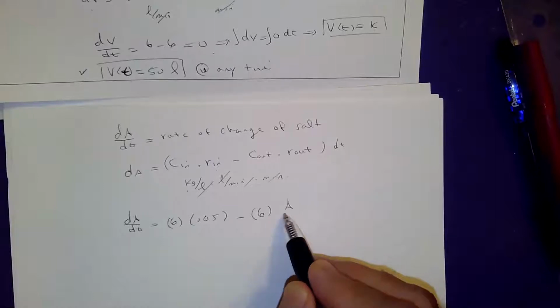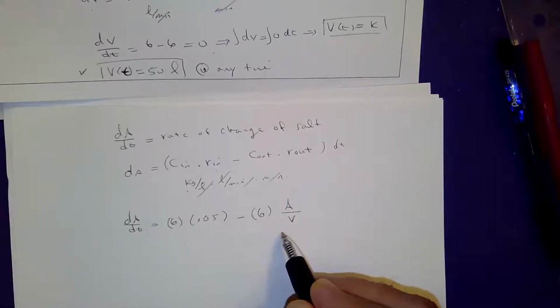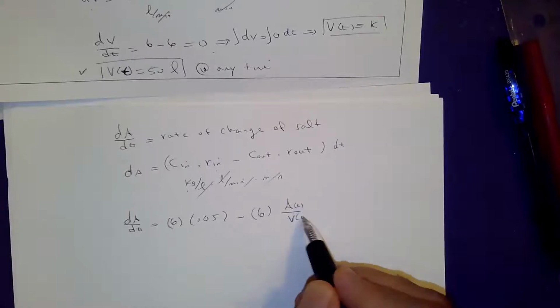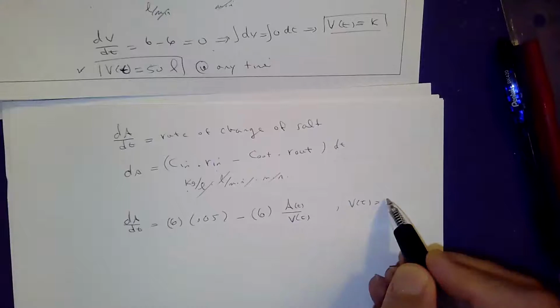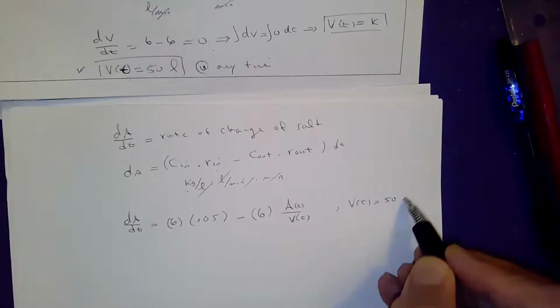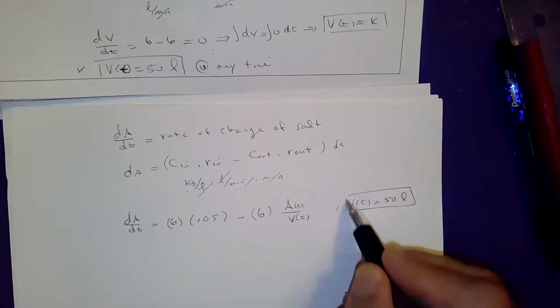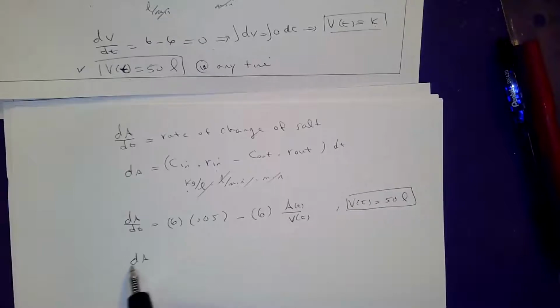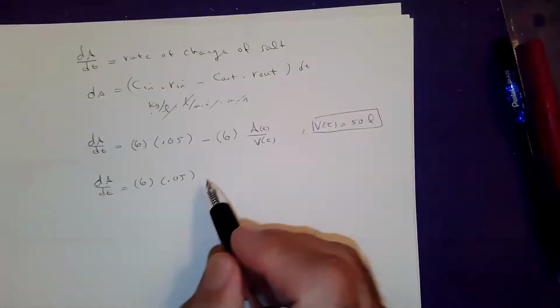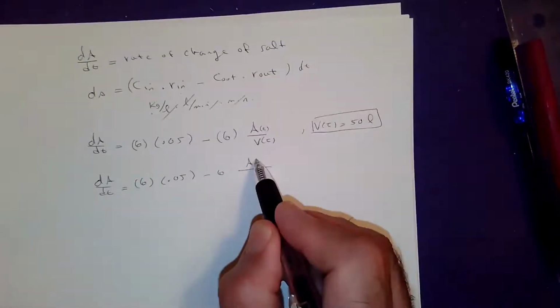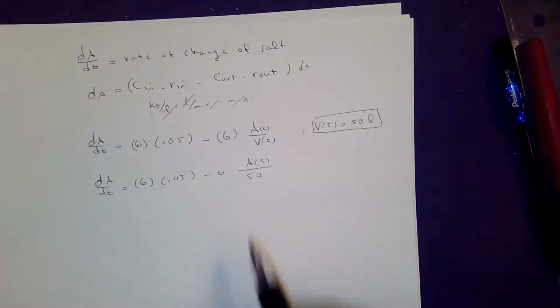A over V. So this is A(t) over V(t), but we decided V, the volume, is always constant and it's equal to 50 liters. So therefore, dA/dt is equal to 6 times 0.05, correct? Minus 6 times A(t) over 50.